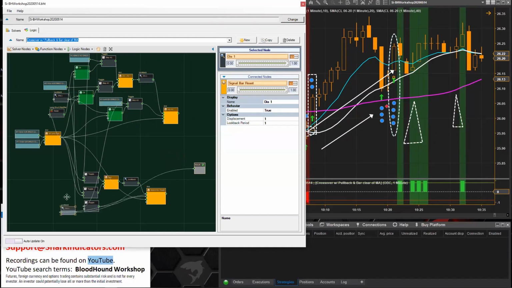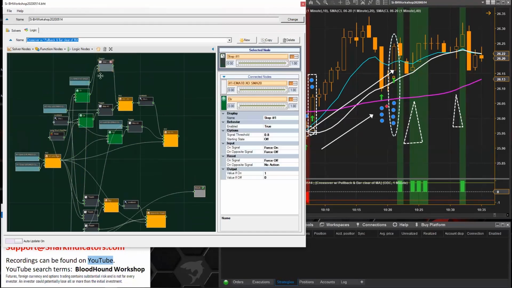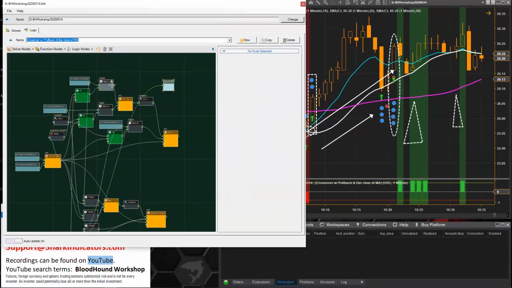And I'm just going to move it over here, something like that. And so this is going in to our OR node, right, which is going into the reset of this toggle node. There.